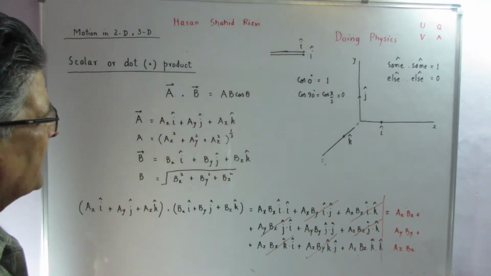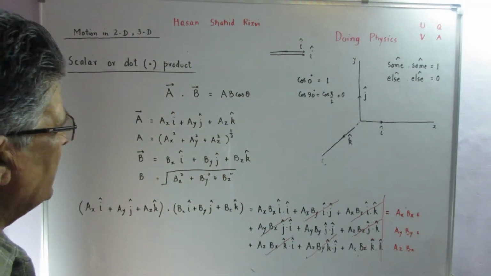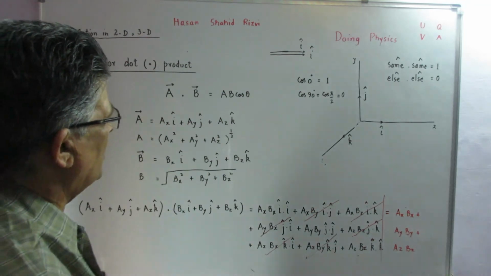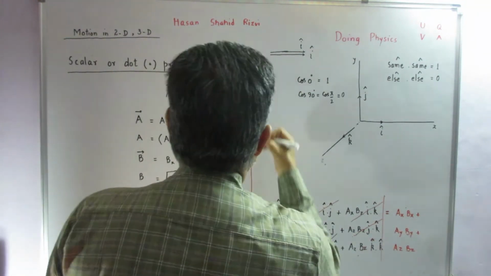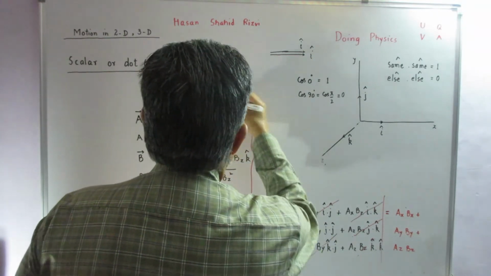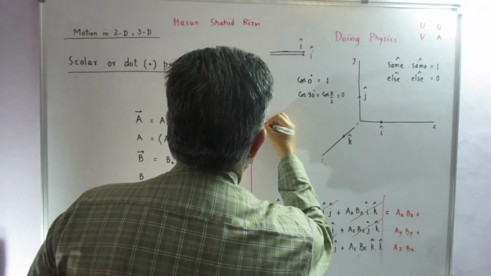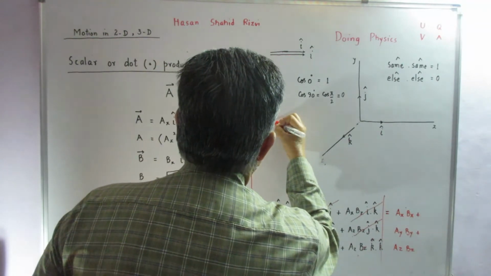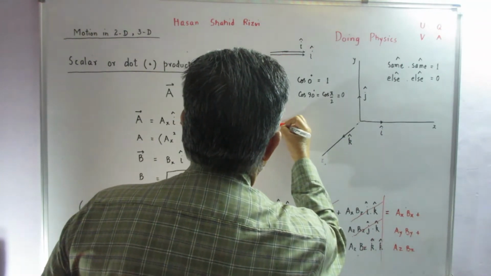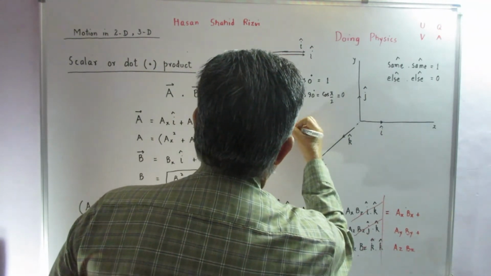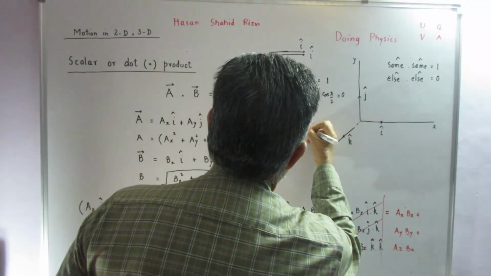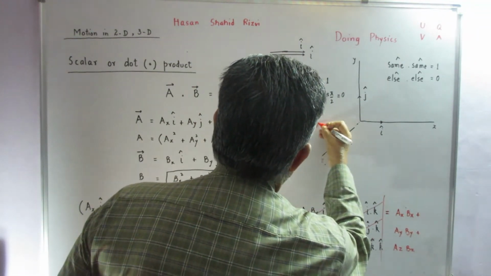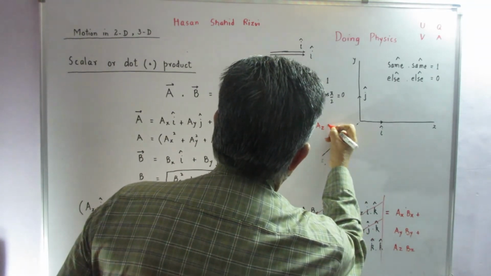So every other factor goes, and so finally I can write that A dot B is equal to the components Ax Bx plus Ay By plus Az Bz.